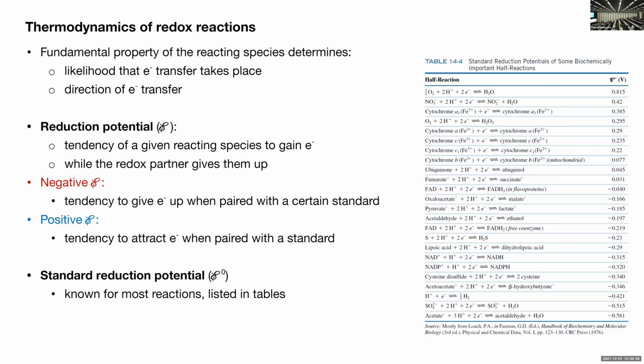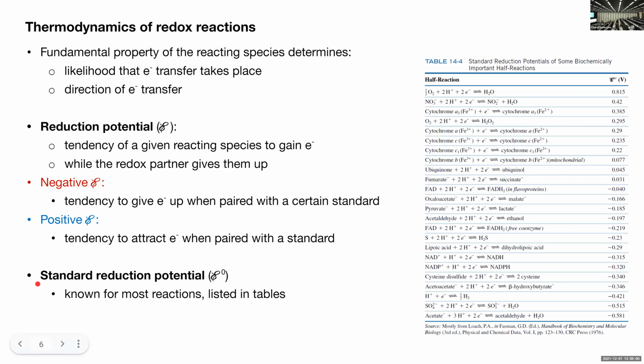So a negative value for reduction potential makes sense, meaning that you're going to likely get more oxidation. As opposed to if you have a positive E reduction potential, of course, you have a higher potential for reduction. So that reaction is going to get reduced, meaning that it'll attract and gain the electrons when it's paired with the other half reaction.